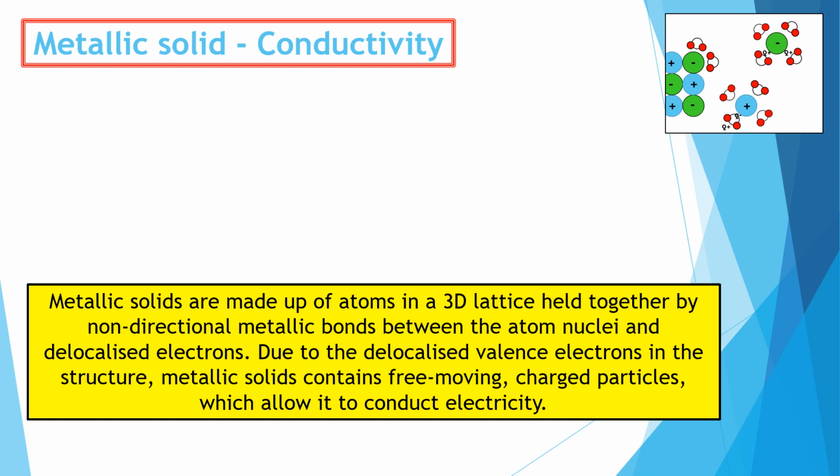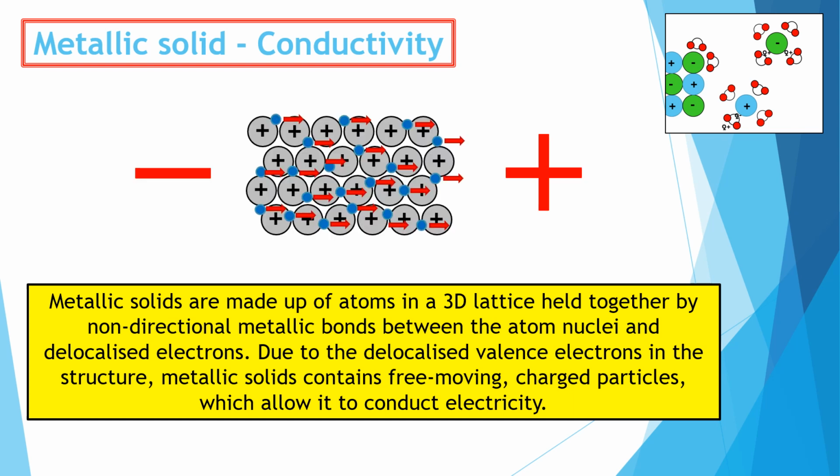So the last property we're going to have to talk about with metallic solids is they're able to conduct electricity. And the reason they can conduct electricity is because they have these delocalized electrons. And remember, an electron is, in this case, free moving because it's delocalized and it has a charge. So what's going to happen is when we apply a positive and a negative end of a circuit to this, we're going to get the electrons moving towards the positive side because they're negative, and we'll get electric current flowing.